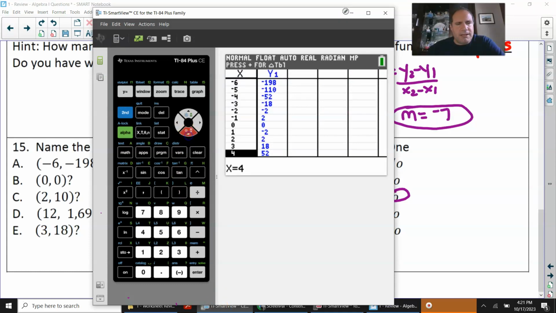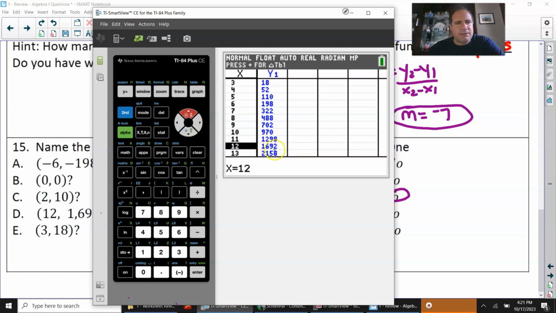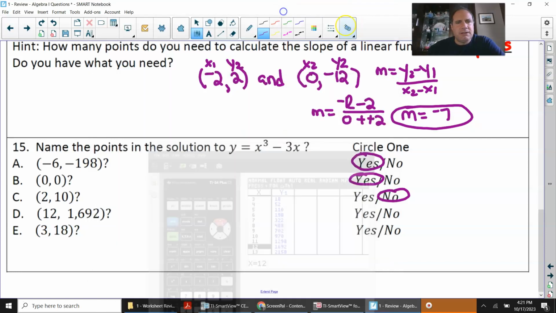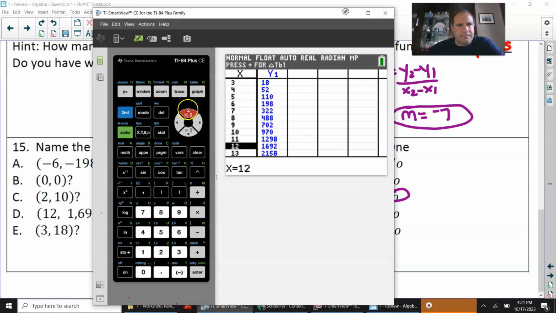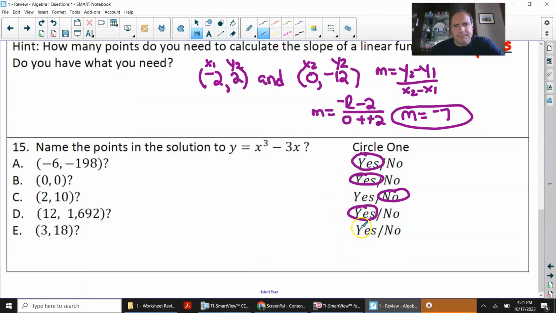I'm going to go all the way down to 12. 12, 1,692 is a yes. And then 3, 18. And we're going up to 3. You see that the y is 18, and that's a yes. There's only one no. And all those points are on the line.